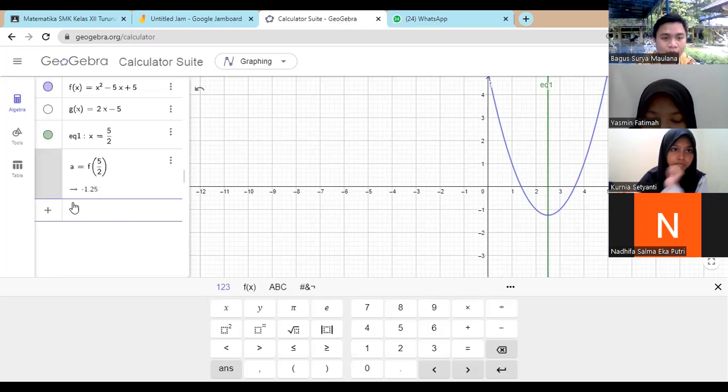Okay, this is the extremum value of the function x squared minus 5x plus 5. So this is all. Is there any question? No, sir. Is it clear? Yes, it's clear. Okay.